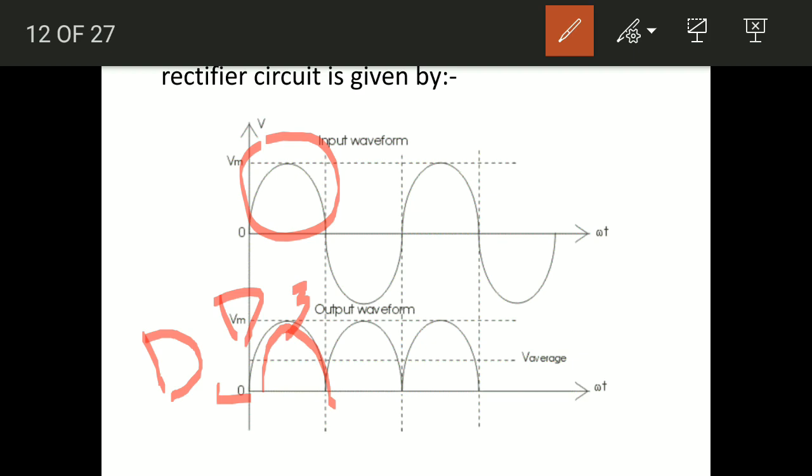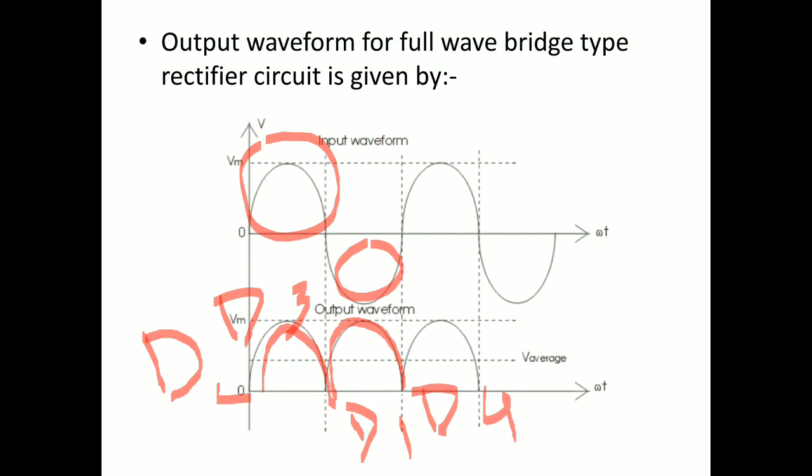And during the negative half cycle, diodes D1 and D4 are in forward bias condition, so again we are having the output like this. So from this figure it is very clear that over an entire cycle of the input quantity, in both the half cycles we are having a faithful output. So that is the reason this type of circuit is called a full wave bridge type rectifier circuit.